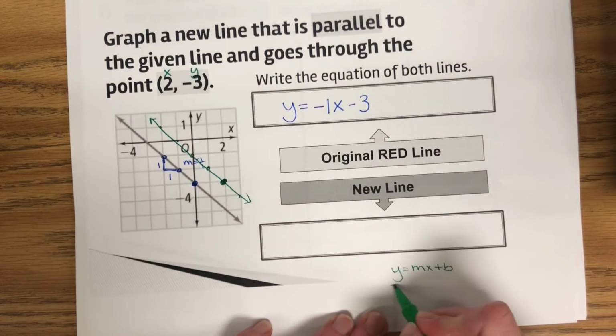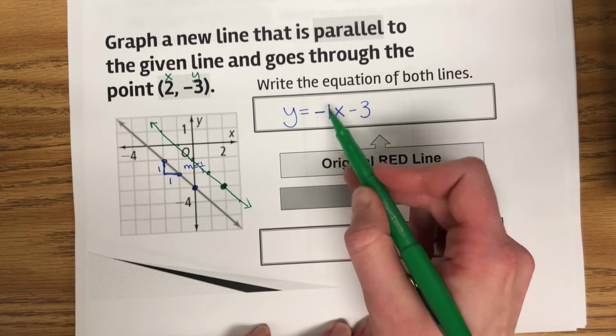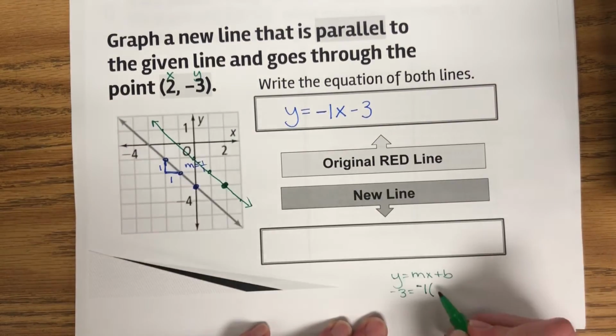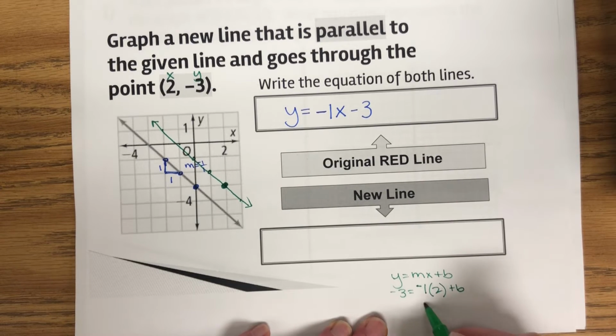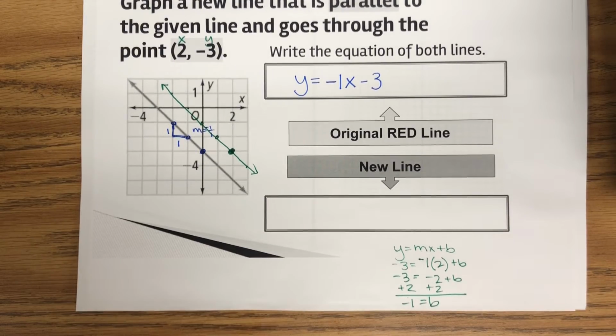So y is -3. Our slope is the same because they're parallel, so -1 times x, which is 2, and then plus b, will also give you the exact same answer, that b is -1.